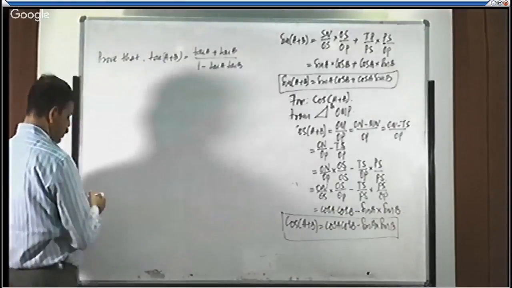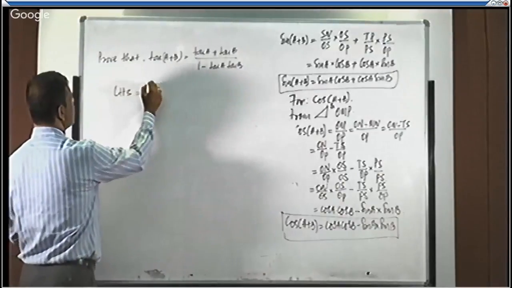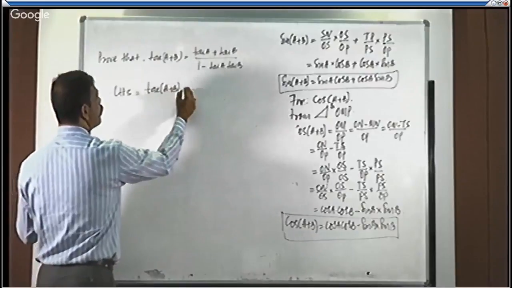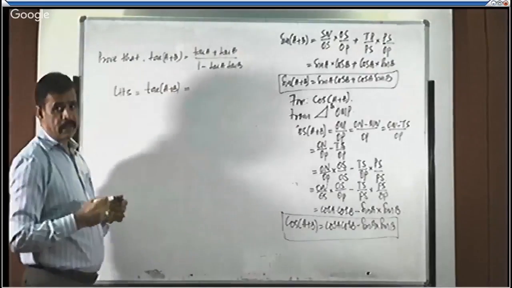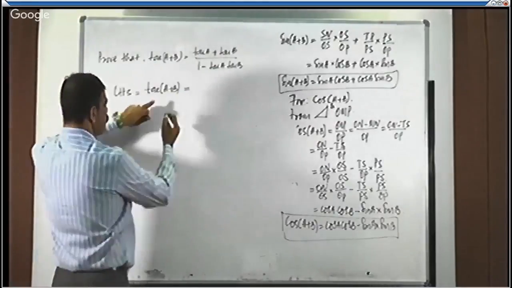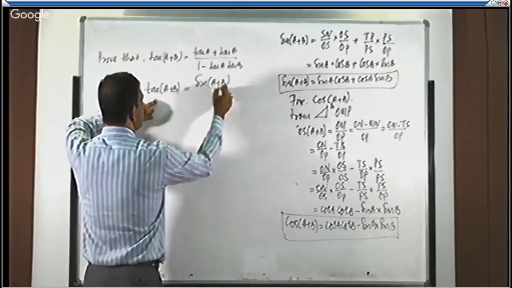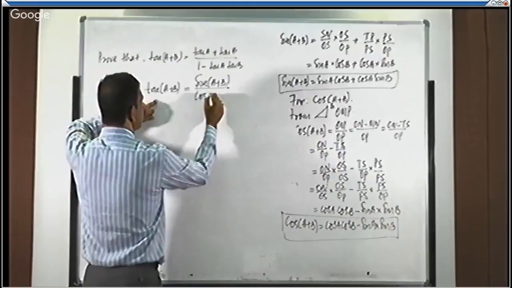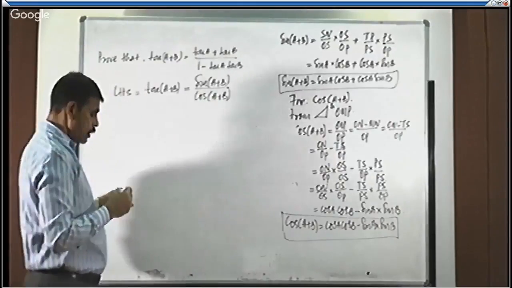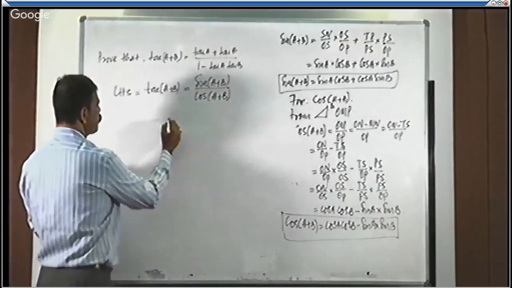So take the left hand side. What is left hand side? Left hand side is equal to tan of A plus B. Take in terms of sin and cos. Tan is sin by cos, correct? Tan of A plus B is equal to sin of A plus B divided by cos of A plus B. Write the formulas for sin of A plus B and cos of A plus B. What is sin of A plus B?